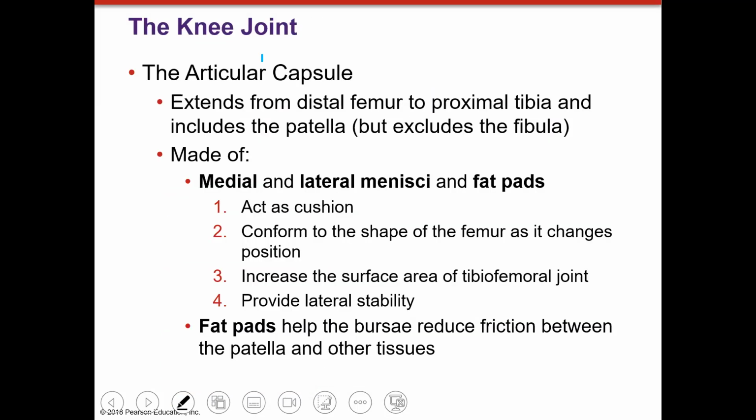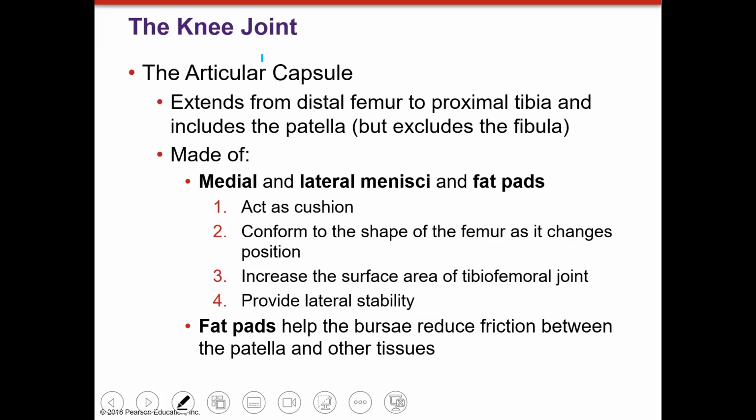Knee joint. So the articular capsule extends from the distal femur to the proximal tibia. This includes the patella, which is your kneecap. And it's made of medial and lateral menisci and fat pads. So these are cushions. Think about those menisci like you think of the intervertebral discs. Same kind of concept there.